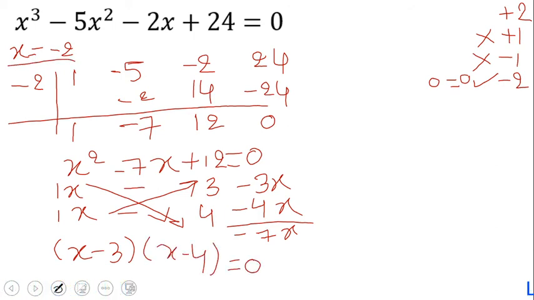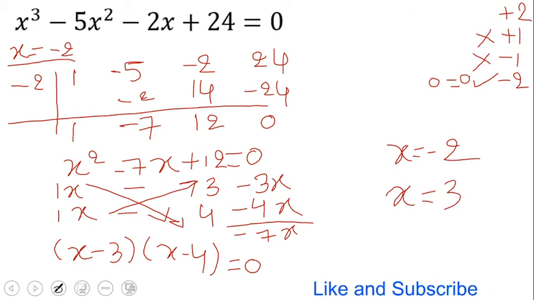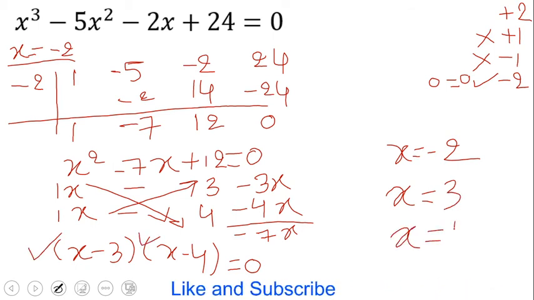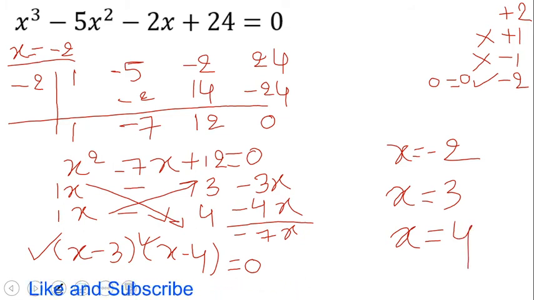One solution is x equal to minus 2. The next solution is x equal to 3 from this factor, and from the last factor we get x equal to 4. So the cubic equation leads to 3 solutions here.